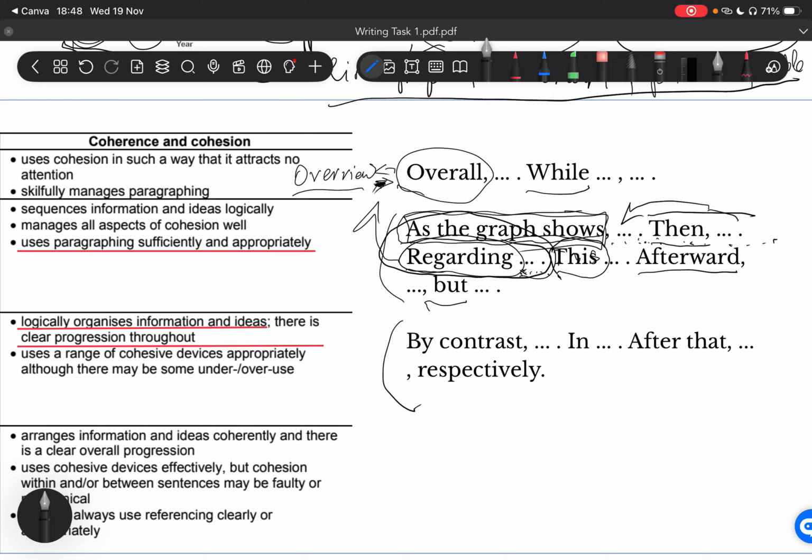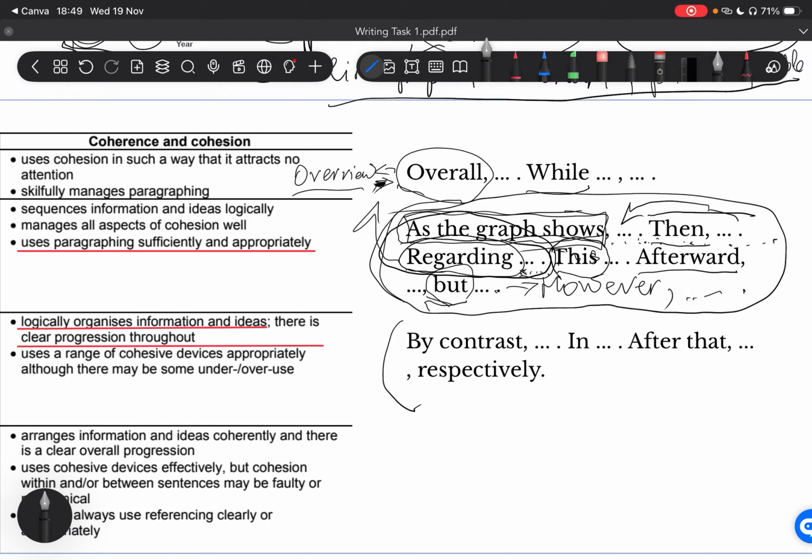And remember that we use the word but in the middle of a sentence. If you want to start your sentence with something contrastive, use however. However, this way. So this is main body paragraph 1. Now let's talk about main body 2.